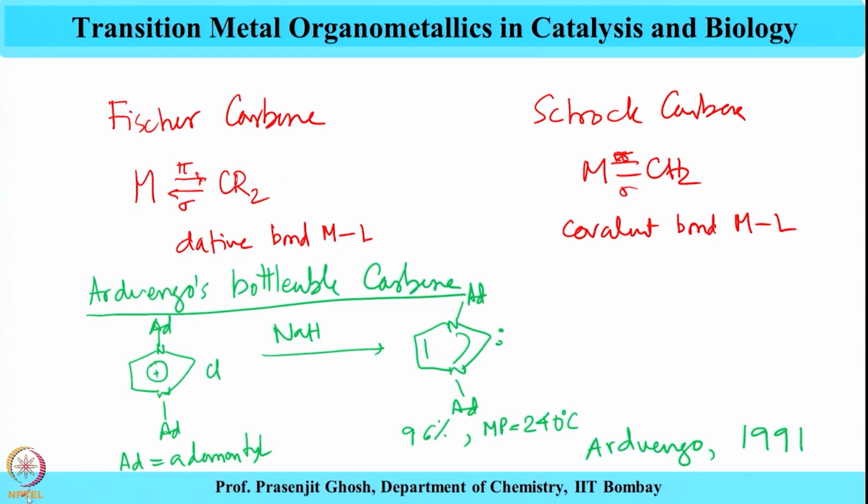Now, a key thing over here is the strategy which Arduengo used in stabilizing these carbenes, which are singlet carbenes, meaning that these carbenes can donate their lone pair to metals and make a good sigma bond.